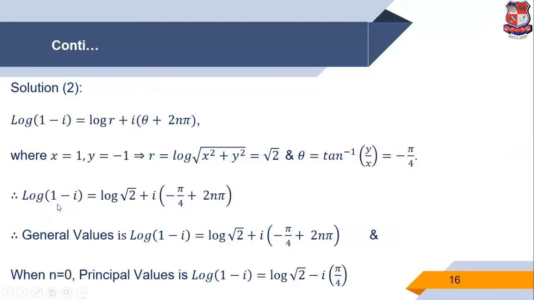So we write log(1 minus i) is log r, that means log root 2, plus i (minus pi by 4 plus 2n pi). So this is the general value of log(1 minus i). Now we take n as 0. Then log root 2 minus i pi by 4 is the principal value of the logarithm.